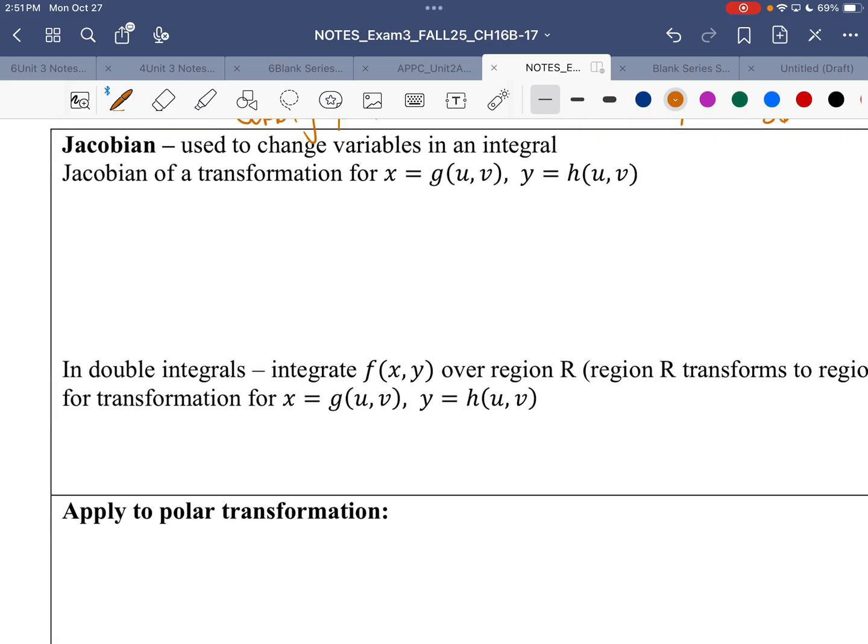So a Jacobian matrix is doing a transformation where x is equal to a function of u and v, and y is equal to a different function of u and v. So it's a matrix of partial derivatives. It's the Jacobian matrix. So we're taking the derivatives of x's and y's with respect to u's and v's.